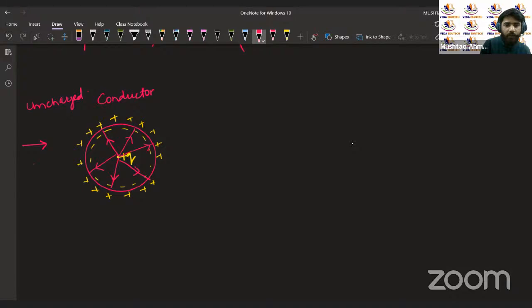So this will be the electric field line because of this system. And because of this positive charge, the electric field will be radially outwards, and it will be normal to this surface.